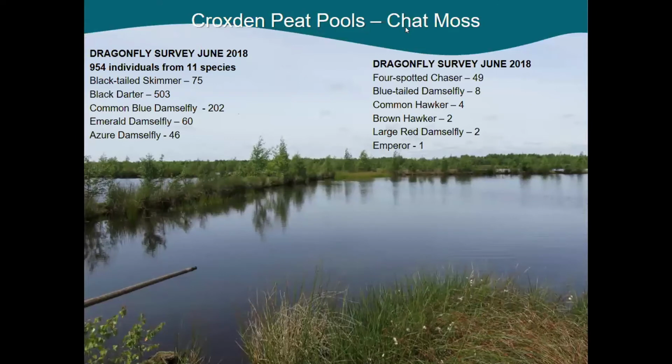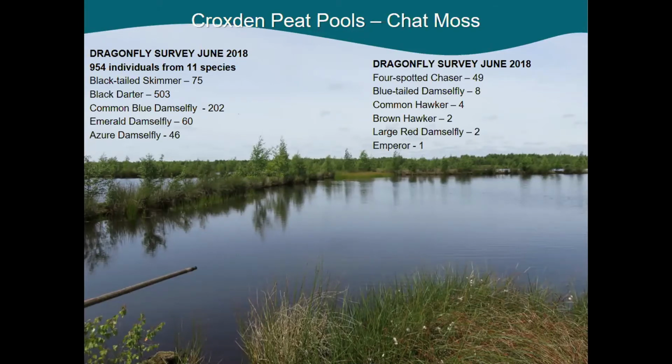One of the other surveys that we do is dragonflies. This is an amazing site on Chat Moss, Croc's Peat Pools. There was a survey done by Dave Steele in June 2018, and he recorded almost 1,000 individuals from 11 species. So some really impressive totals here.